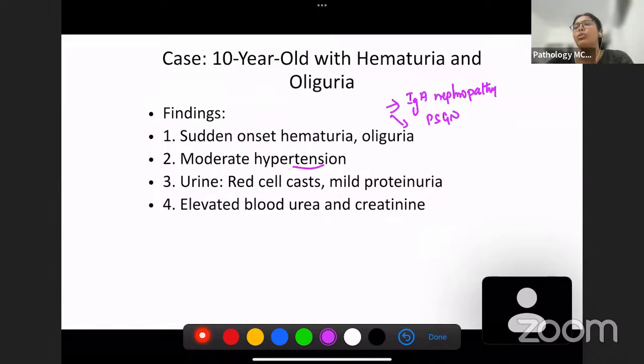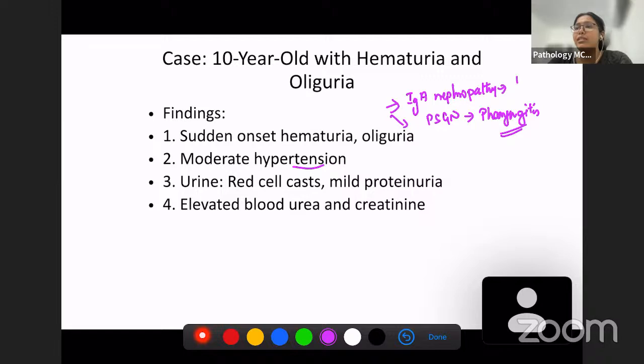The main clue to identify post-streptococcal glomerulonephritis, as I already said, is that it presents with pharyngitis. IgA nephropathy has a viral infection which can predispose to it. So if a prior viral infection were given, it would predispose to IgA nephropathy.